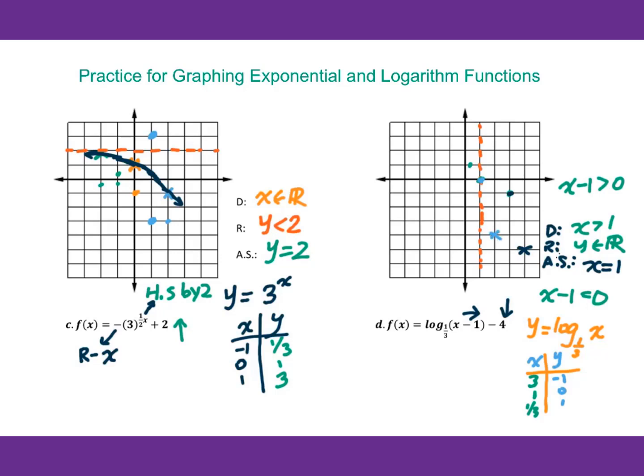Go here. For this point, right 1 and down 4: 1, 2, 3, 4. Go here. Then we connect these 3 points. This will be the graph.